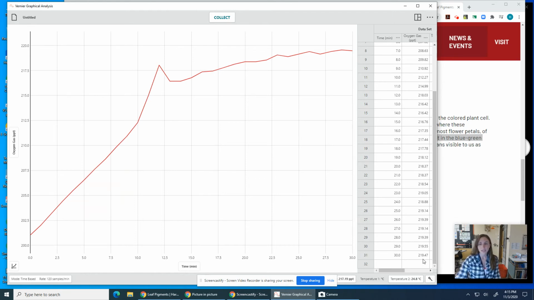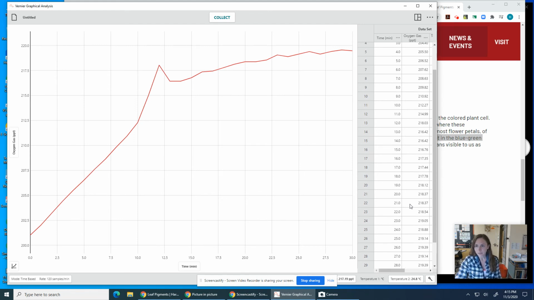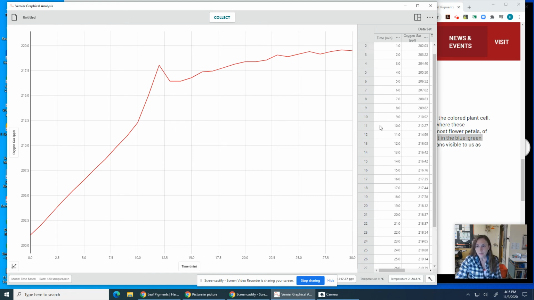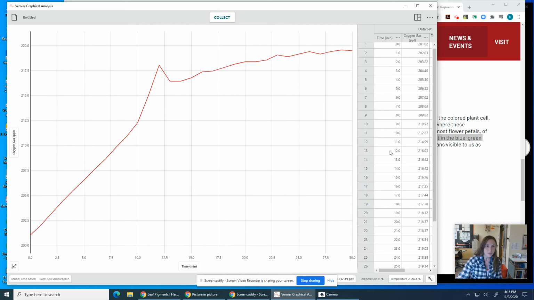Now, I just want to point out this weird little blip right here in the middle of our graph. It goes up and then it goes right back down. When you get a strange little blip like that, it looks like it happened probably about 12 minutes in.